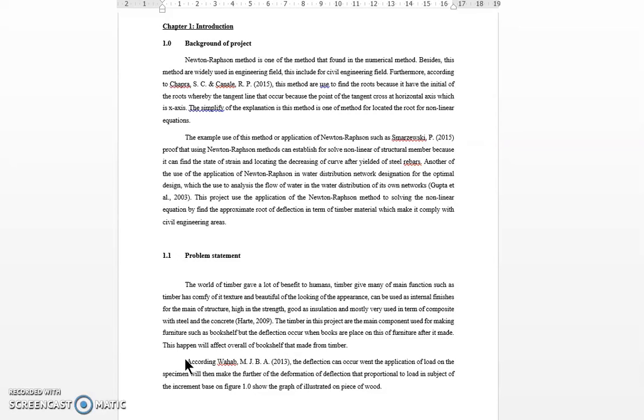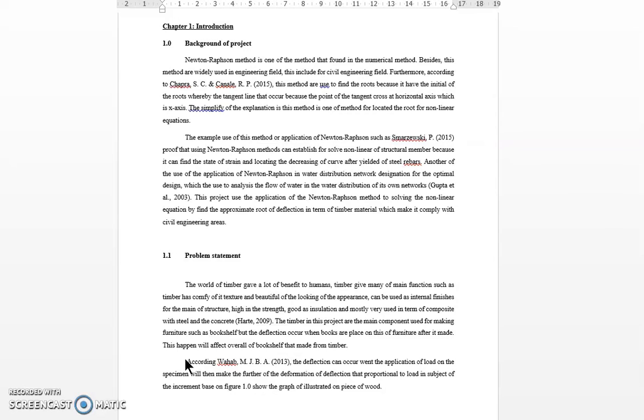An example application of the Newton-Raphson method is to solve nonlinear structural members, because it can find a state of strain and locate the crossing of the curve after the yield of stress rebounds.